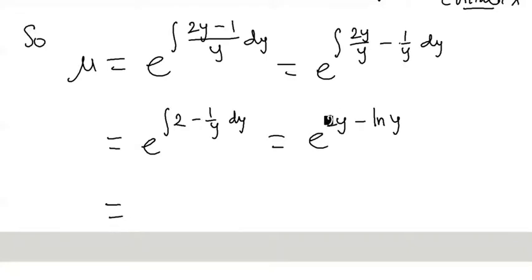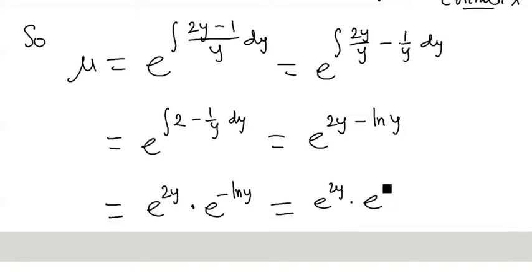But in order to continue, we have to simplify this. We split into e to the 2y times e to the minus log of y, and as usual, this becomes e to 2y. The minus here, we need to bring it in.